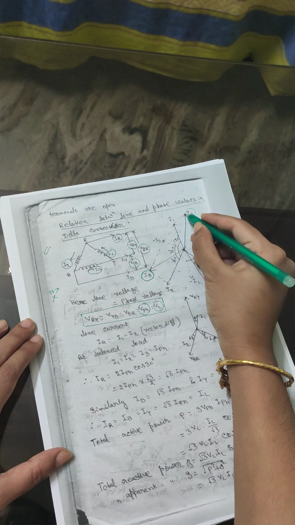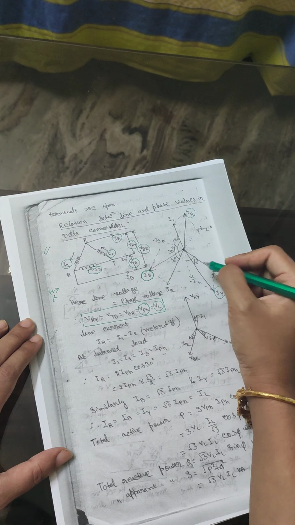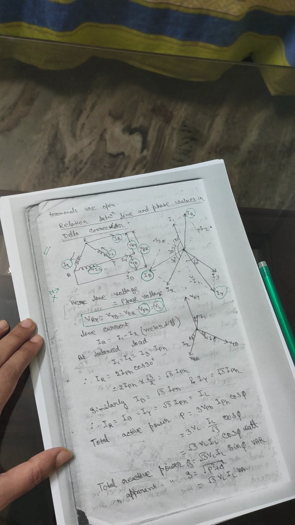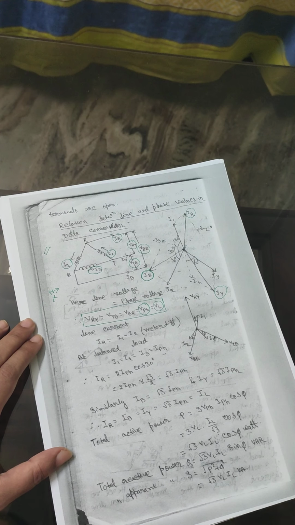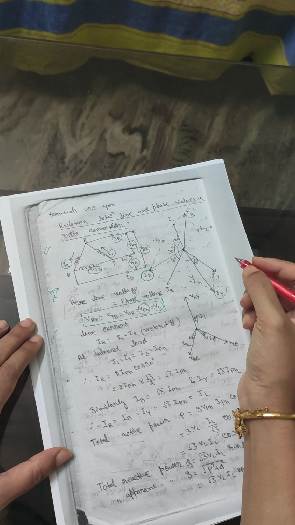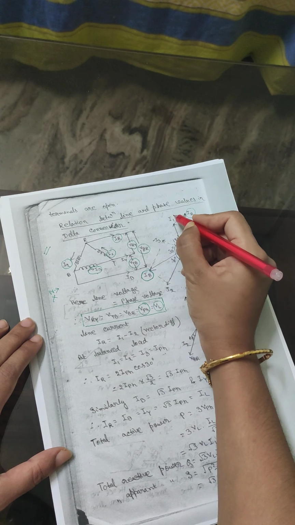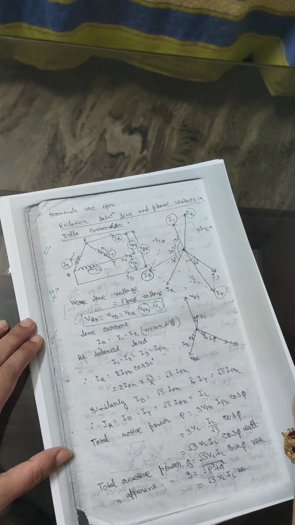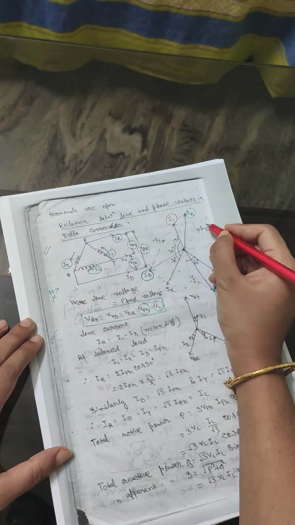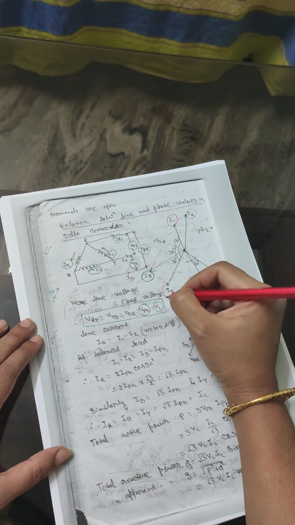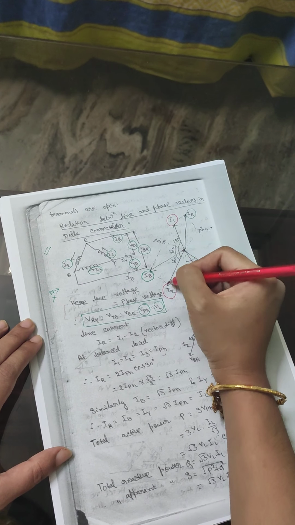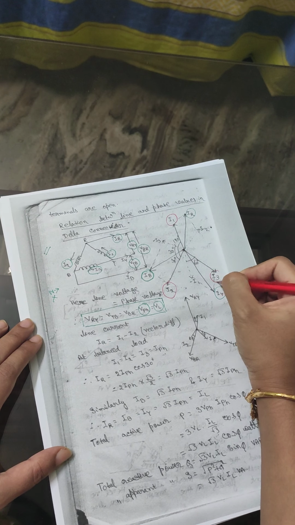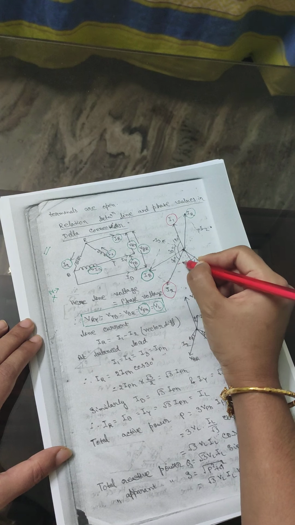Three line currents I have drawn over there, IR, IY and IB. Now if we draw the phase current, it is between two phases, I1, another one is I2, 120 degree apart from each other, same thing, and here I3, this one is also 120 degree apart from each other.